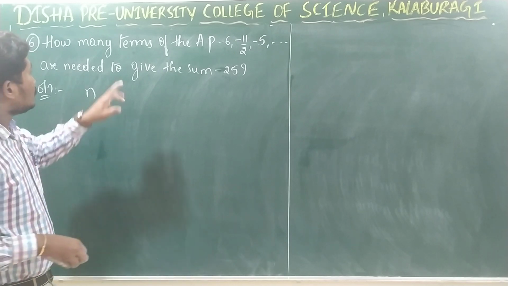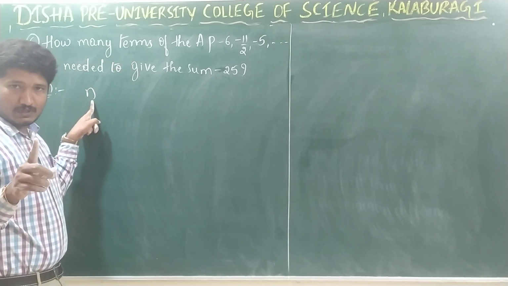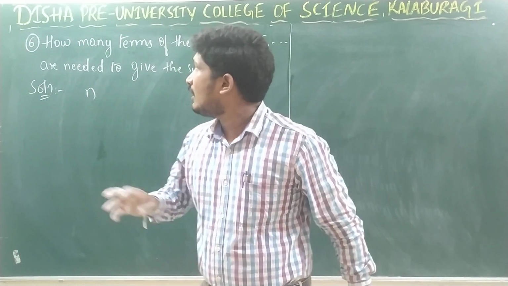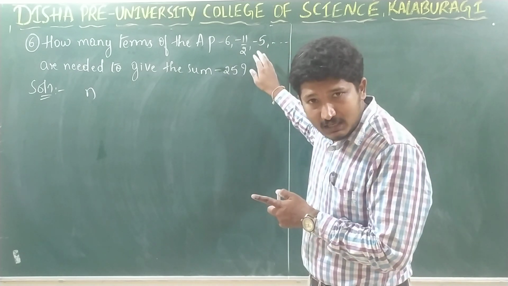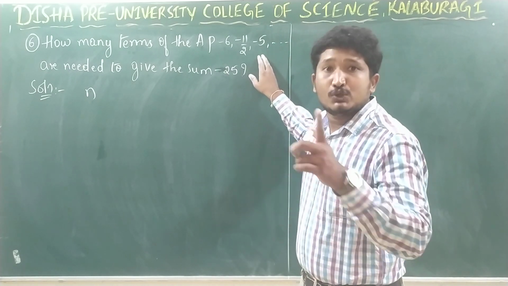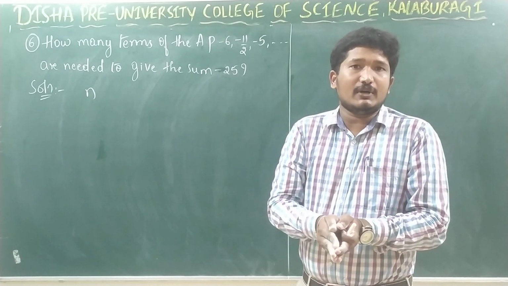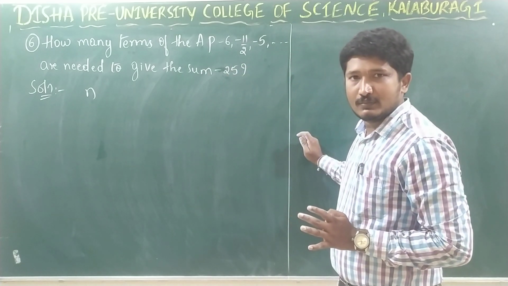N. So here we have to find out the value of n. The meaning of the question is what? How many terms are there in this arithmetic progression, so that when you add all the terms of the arithmetic progression, your answer must be minus 25?